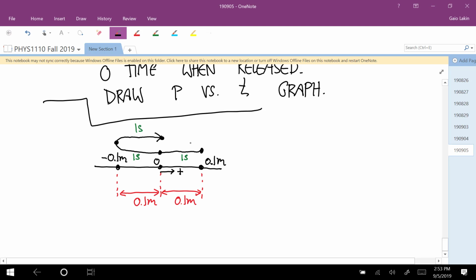It said that 0 time was when the thing was released from the right. So this happens at instant 0. And then if you start at instant 0 and go 1 second, you're at instant 1 second for that at the middle. And then another second you get here at 2, and another second you get here at 3.